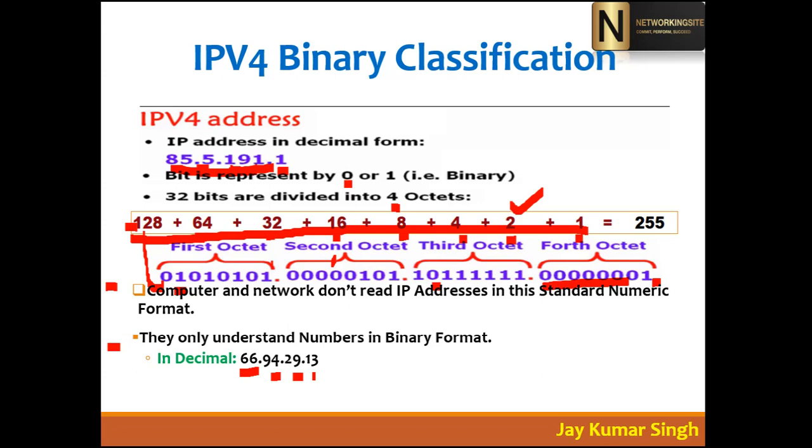You have to calculate this IP address in binary format and share it with me on the WhatsApp group, but it should be written in your notebook. You have 5 minutes.